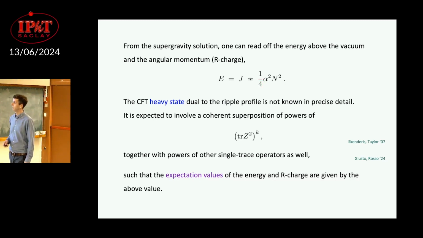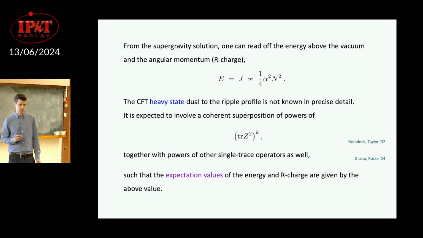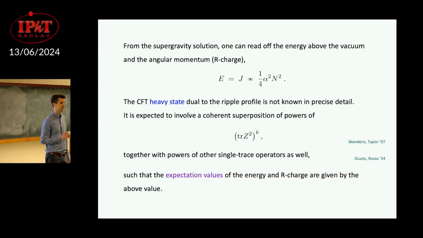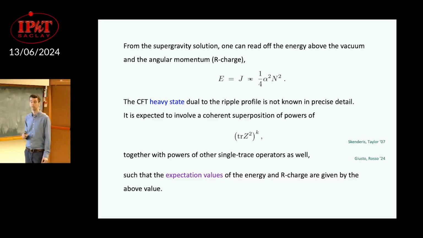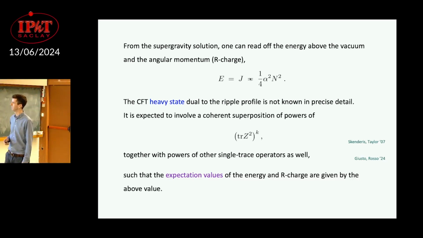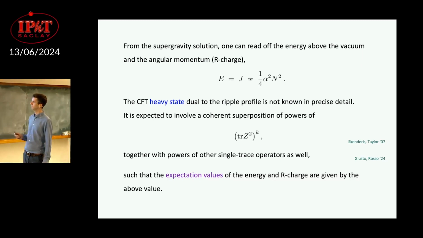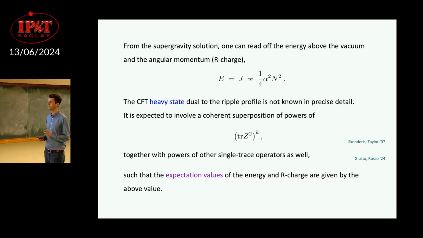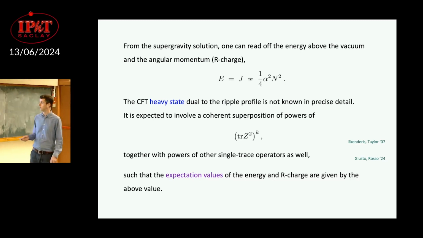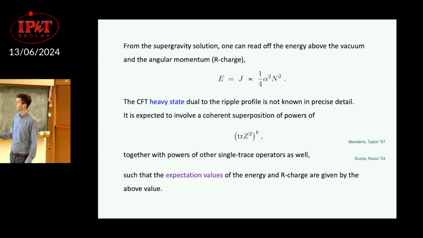And it's interesting that the CFT heavy state is not known in precise detail as things stand. It's expected to involve a coherent superposition of multiple powers of trace z squared together with powers of other single traces as well, and this has not yet been fully worked out.